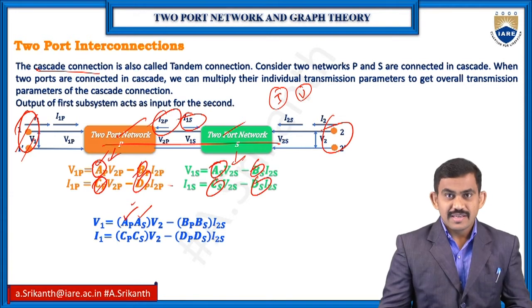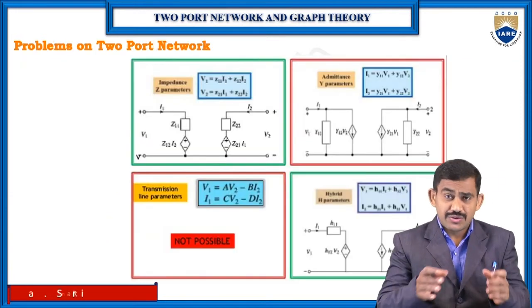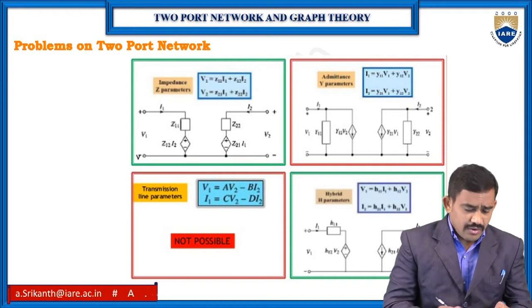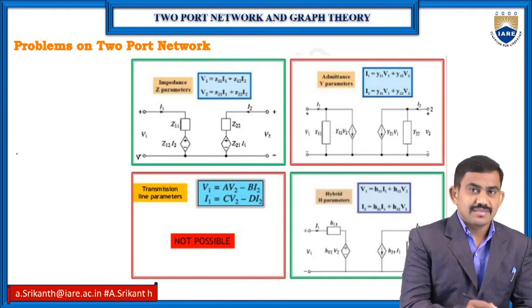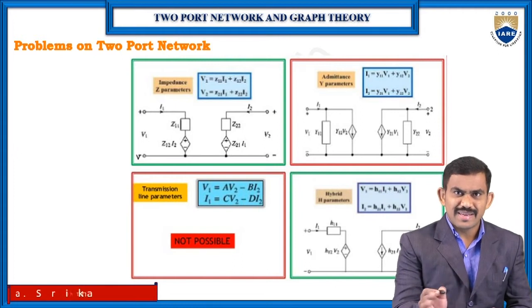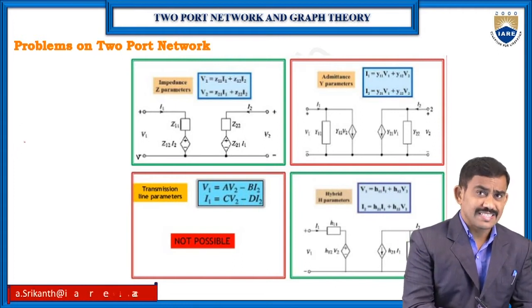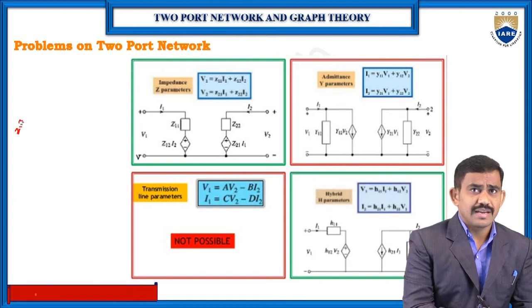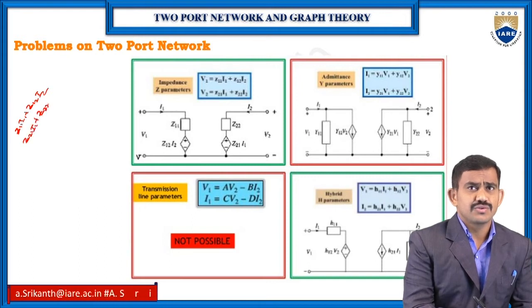Coming to next, equivalent circuits. So for a two-port network, we have the equivalent circuits. Now for Z parameters, I will explain one, and the remaining are as they are. For Z parameters, V1 equals Z11 I1 plus Z12 I2, and V2 equals Z21 I1 plus Z22 I2.